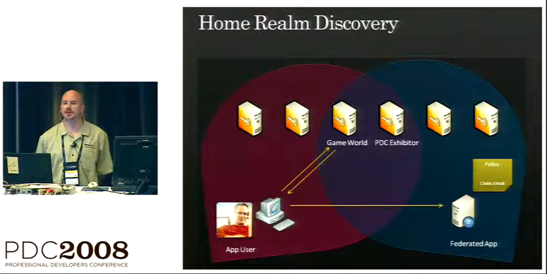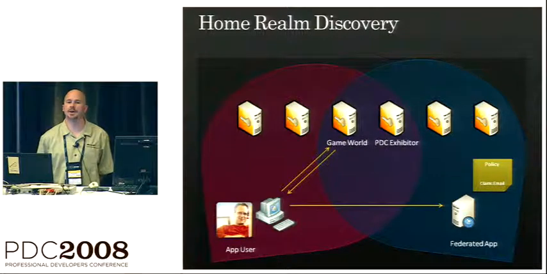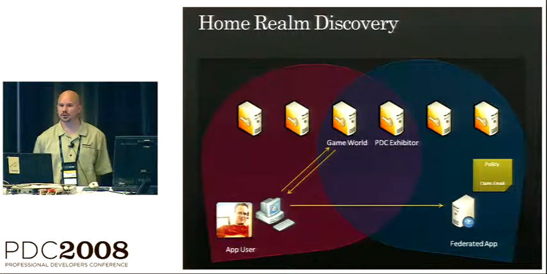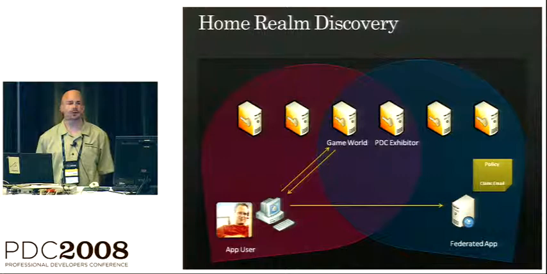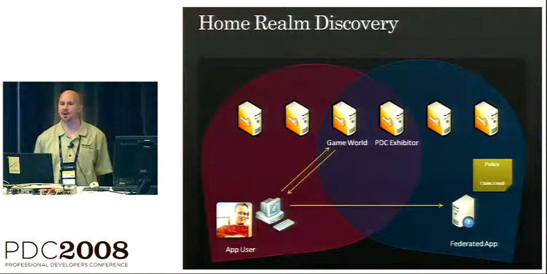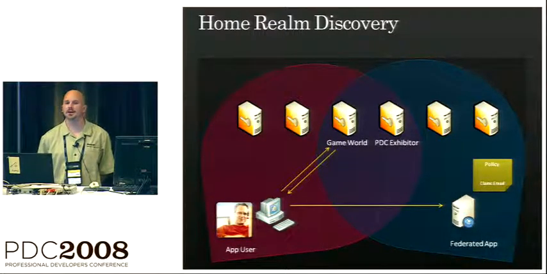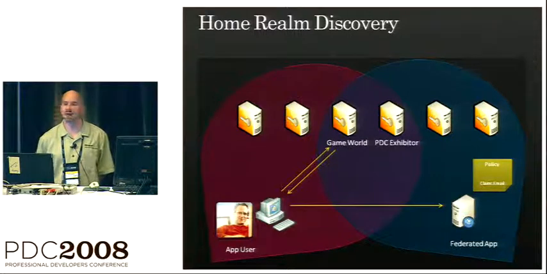the user experience might not be as nice in some cases. They might involve a drop-down list that the user has to select in order to tell the federated app what realm they're in, in order to tell the federated app where to go get a token for this particular user.